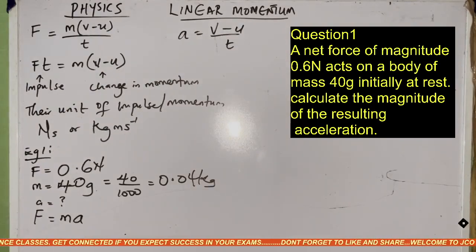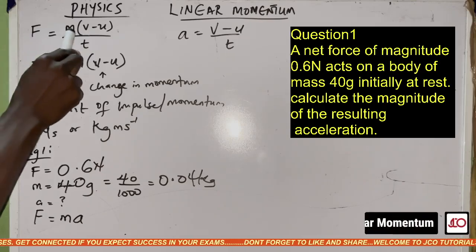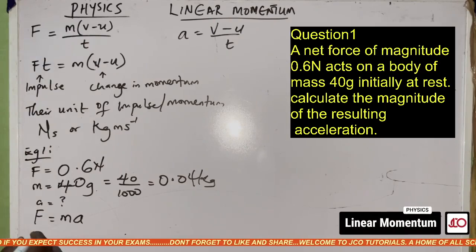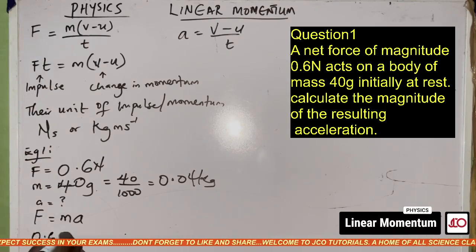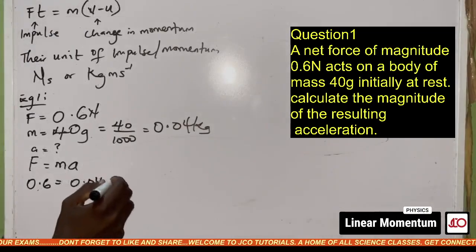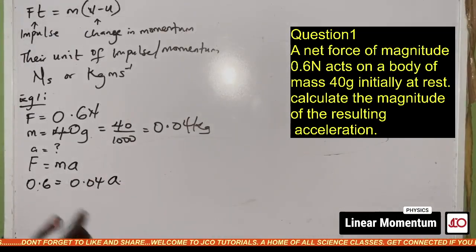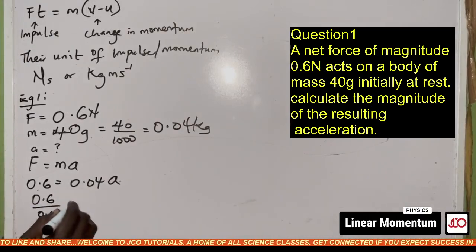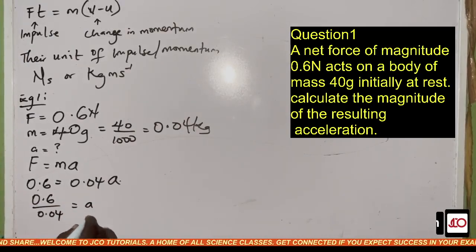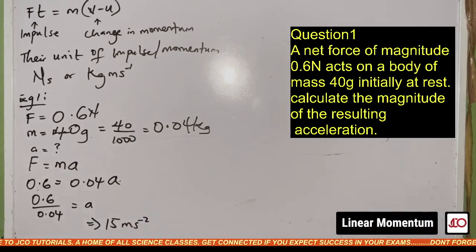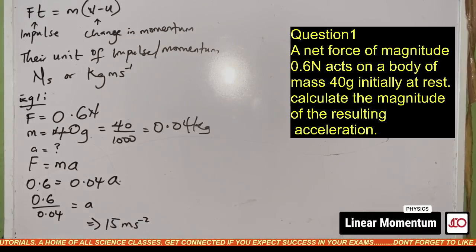So force is mass times acceleration. My force here is 0.6, my mass is 0.04, times acceleration a. Divide by the coefficient: 0.6 divided by 0.04 gives me 15 meter per second square. So that is it for that.